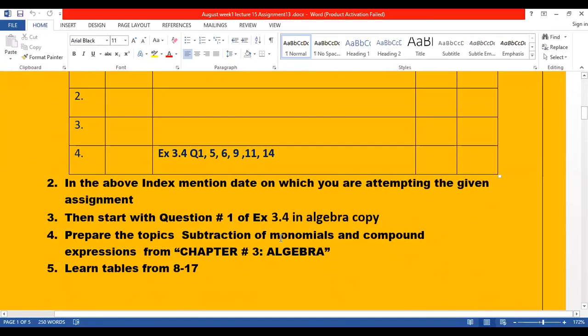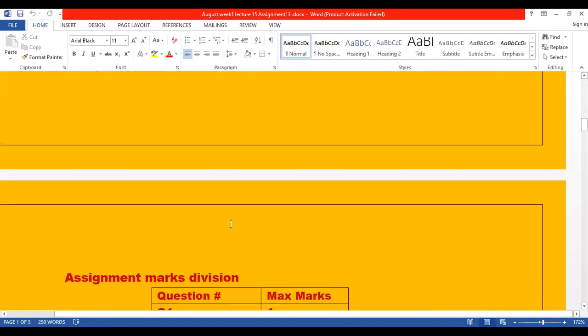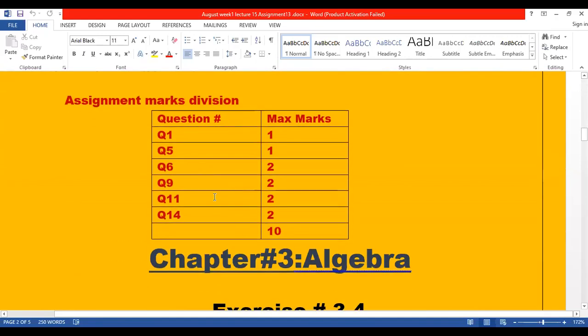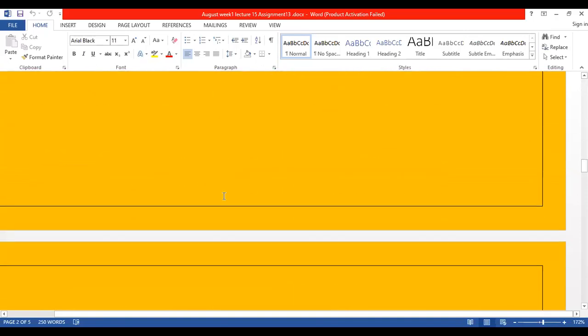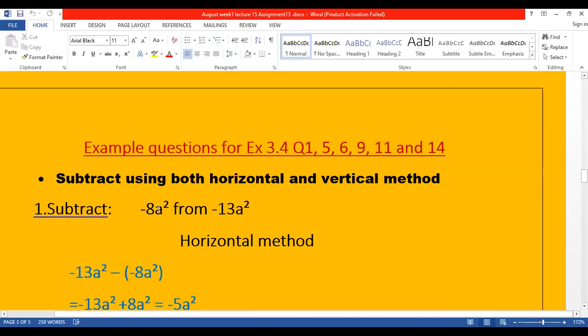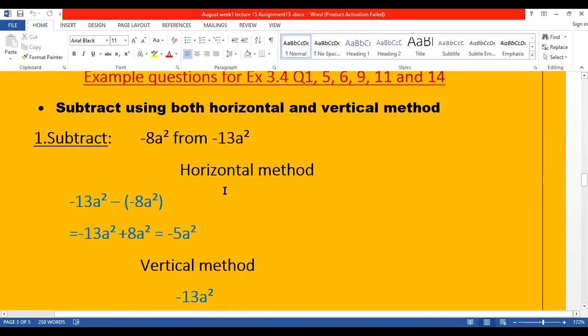You have to start with question number 1. This is the marks distribution. For these questions, I have given example questions. In this way, you have to solve the question. If it is written that you have to solve with the horizontal and vertical method, please first write down the heading of horizontal method and solve it.